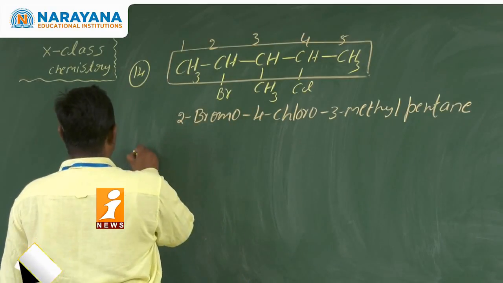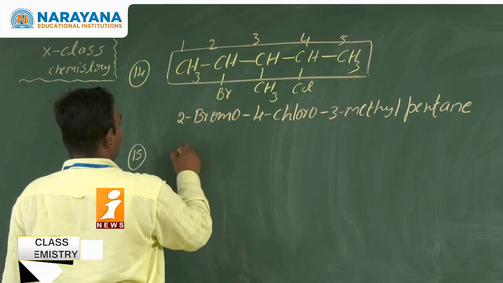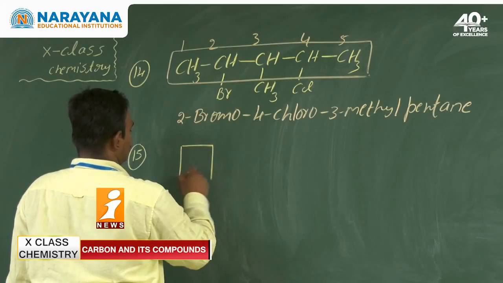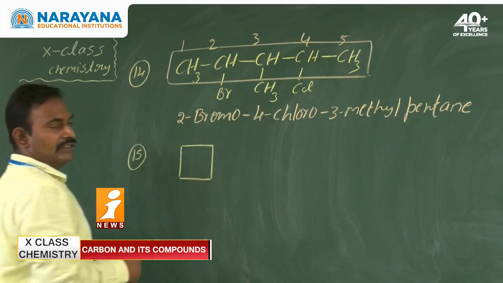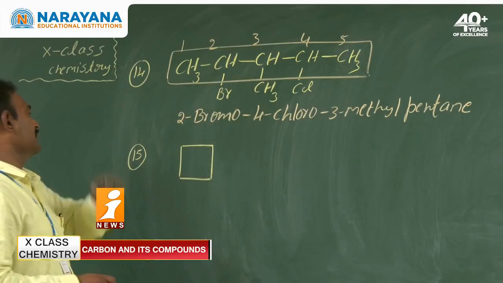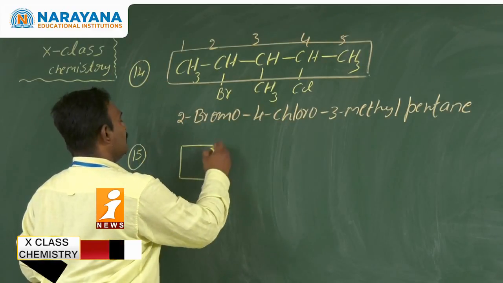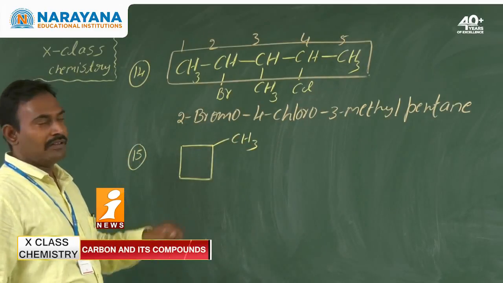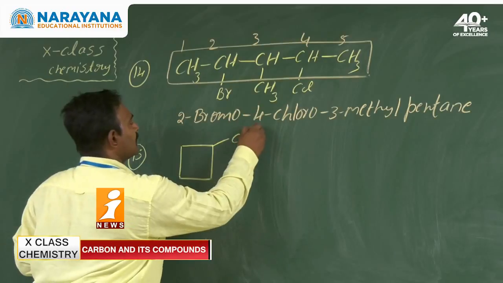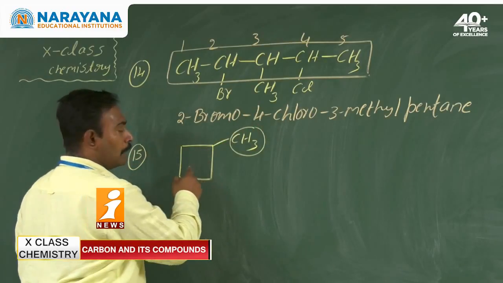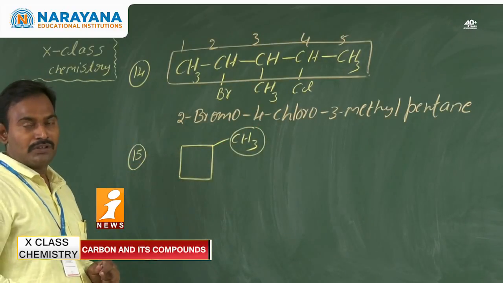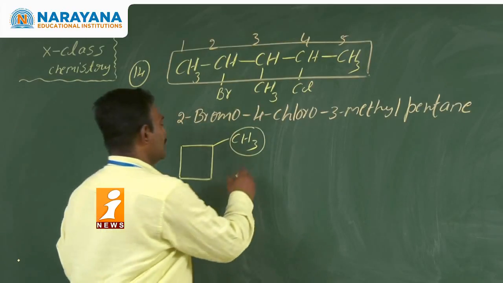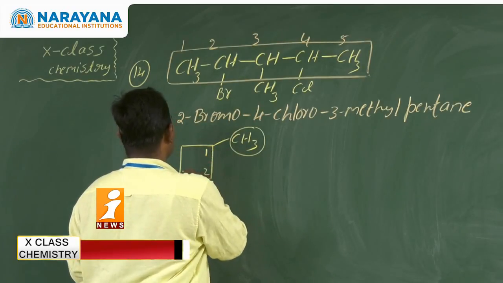Next, see the examples. Here, in this example, a primary prefix is also present. Suppose see here, a methyl group is there. First of all, it is a secondary prefix and the primary prefix is cyclo. Then what is the order to write? See here, numbering 1, 2, 3, 4.